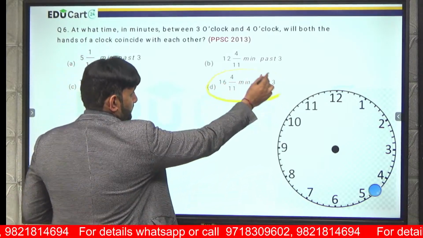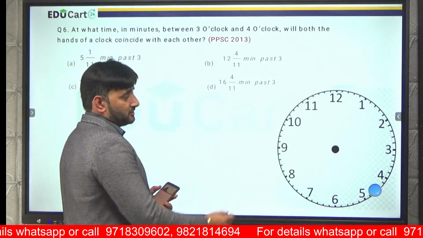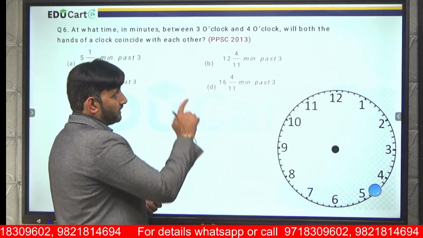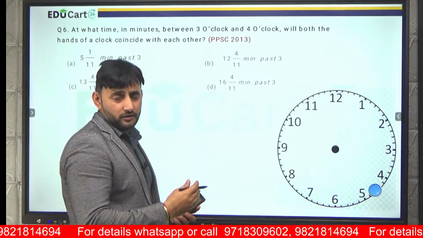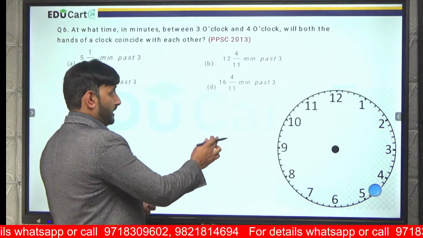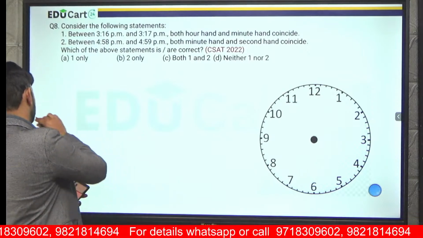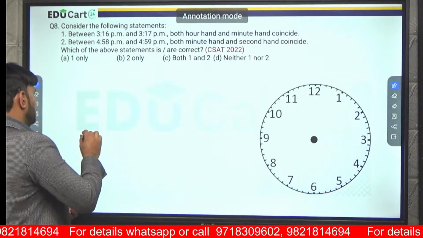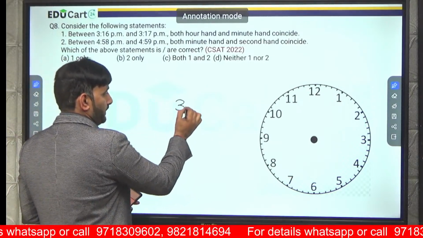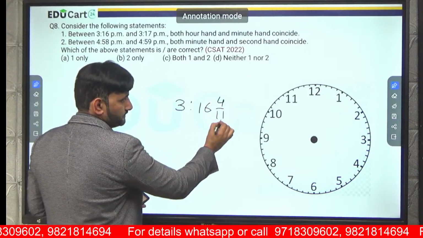So between 3 and 4 o'clock, at what time are these two meeting? We have done this. Just 2 to 3 questions back, we solved that between 3 and 4 o'clock, minute and hour hand are meeting at 3:16, 4 by 11. You just calculated hardly 5 minutes back that they are overlapping at 3:16, 4 by 11.